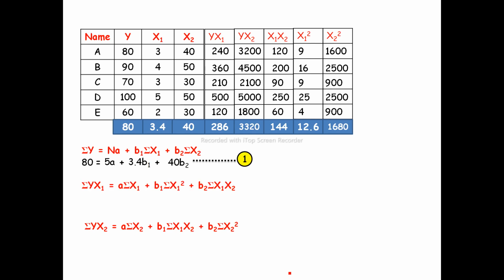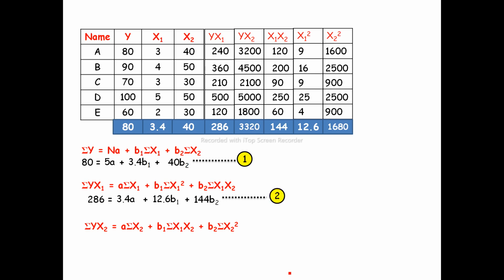Similarly, in the second equation also you add all the values. Summation of y into x1 is 286 equals summation of x1 is 3.4, so 3.4a, plus summation of x1 square is 12.6, so 12.6b1, plus summation of x1 into x2 is 144, so we'll add 144b2. This will become equation number 2.